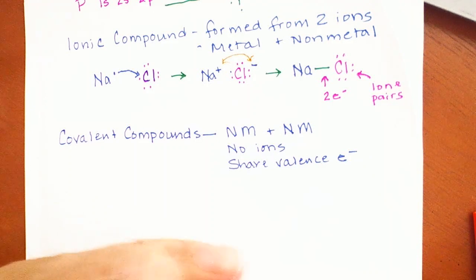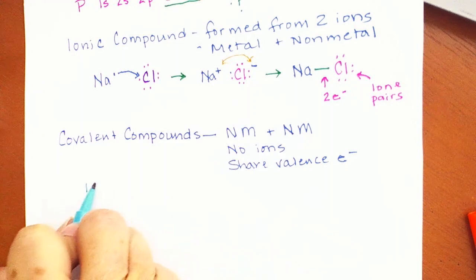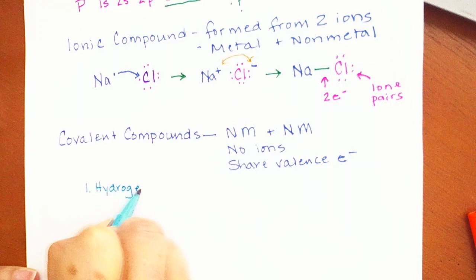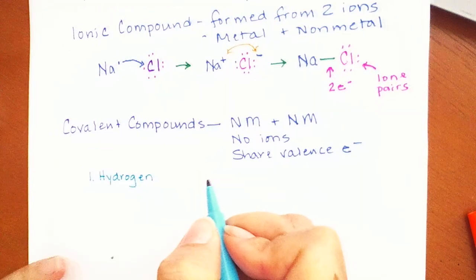All right, so there's some rules to doing this. You're going to want to take down the rules so that you have them. Number 1, hydrogen is always terminal. Terminal meaning end. It's always at the end.